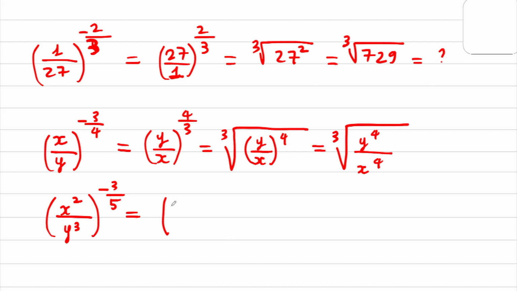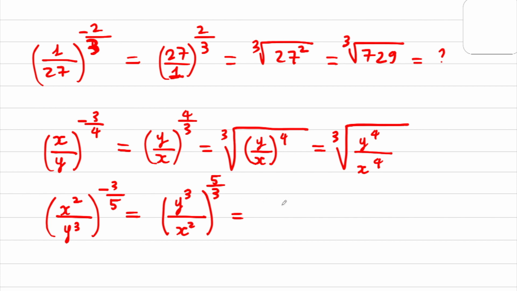I will take the reciprocal of the expression for the base number first, y cubed over x squared, and then you get 5 over 3. After that, I will get the cube outside. For this one, I will work with another writing.